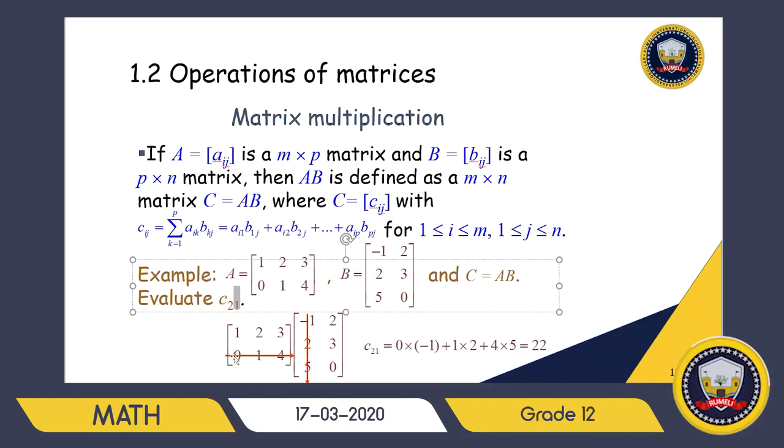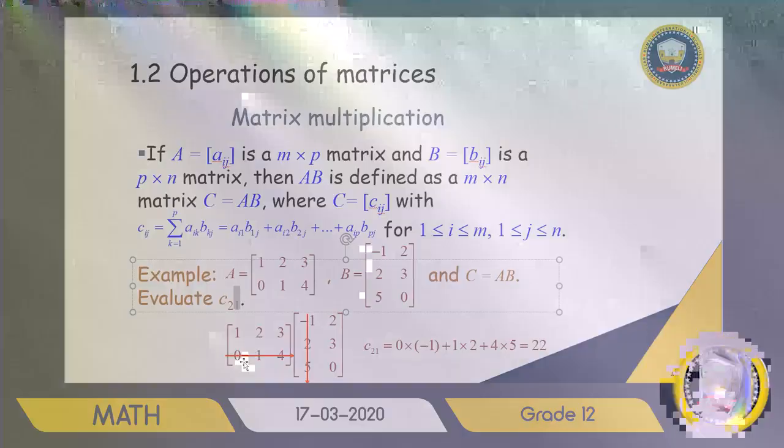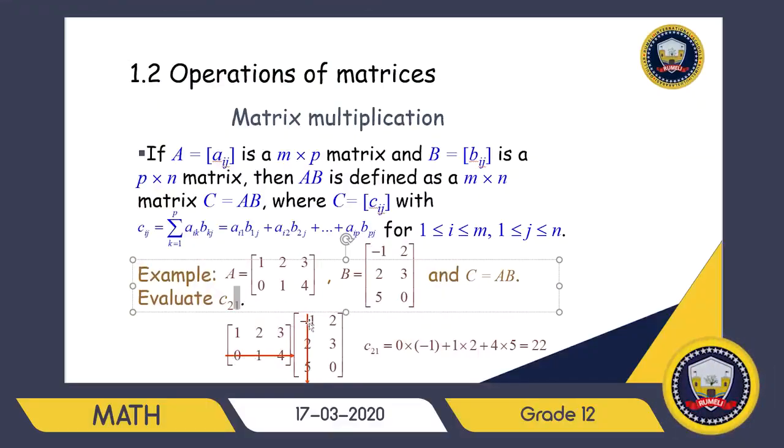So again, we take the second row, the first column, and we do the summation: 0 multiplied by -1 plus 1 times 2 plus 4 times 5. If we do this calculation, we will get C21, which is in this case 22.